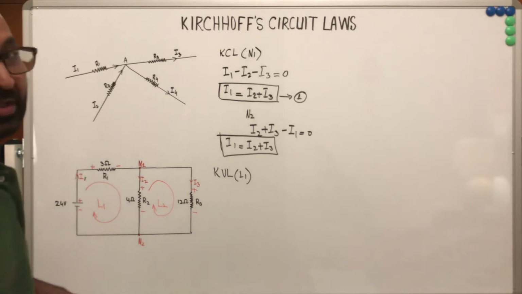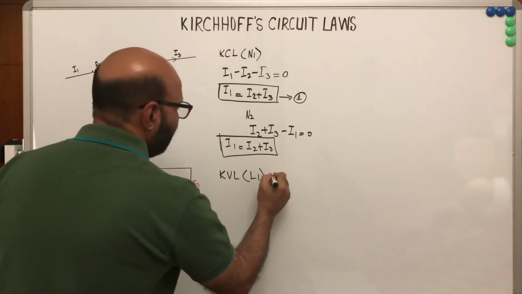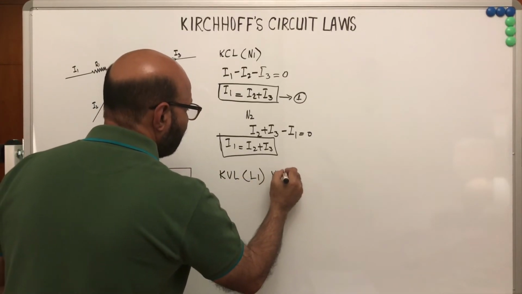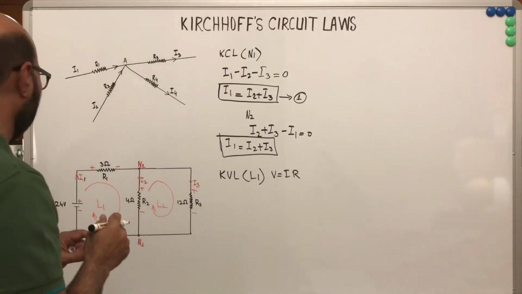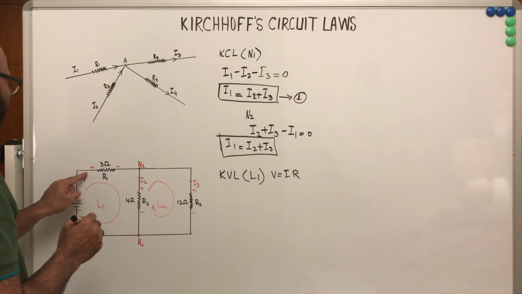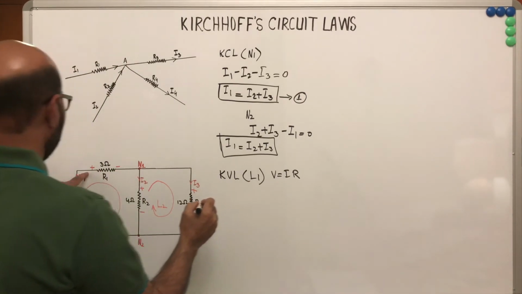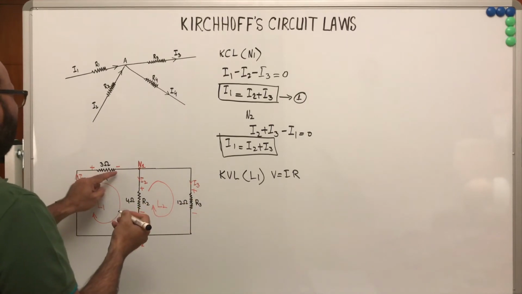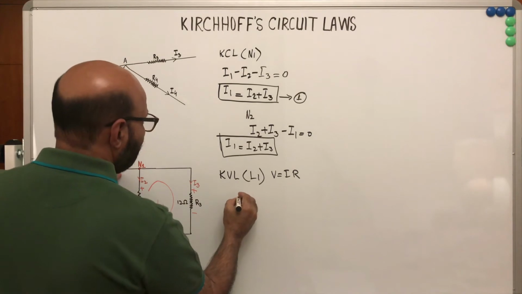So this is an important consideration for equation writing. We'll consider Ohm's law, V equals I times R, in order to find the voltage here. So let's take I1 as a starting point. Here I is moving from positive to negative, so it will be considered negative.